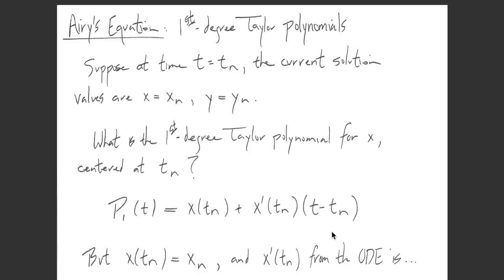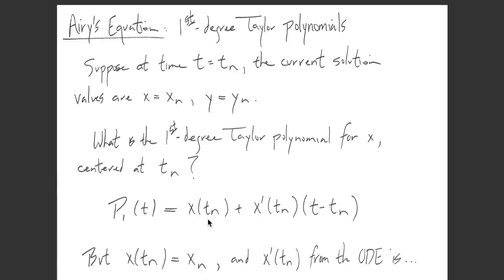Here I'm just writing the generic form of the first degree polynomial for a function x centered at time t equals t sub n. So it'd be x evaluated at time t sub n plus x prime evaluated at t sub n, times t minus t sub n. This is just the general form of a first degree Taylor polynomial centered at t equal t sub n.